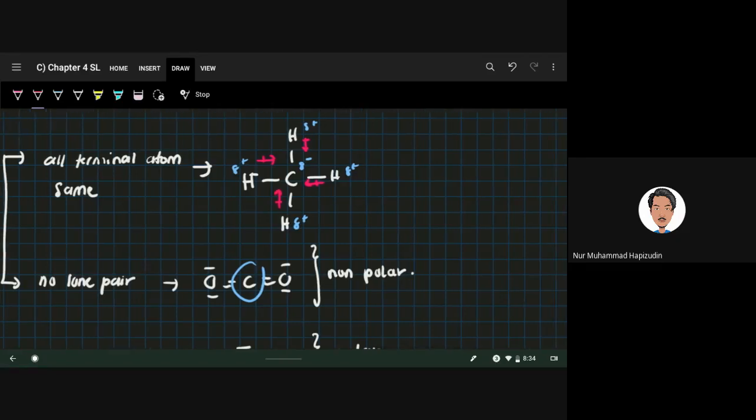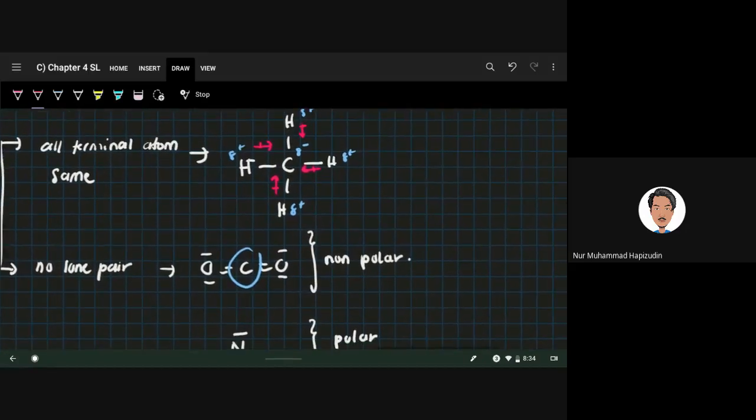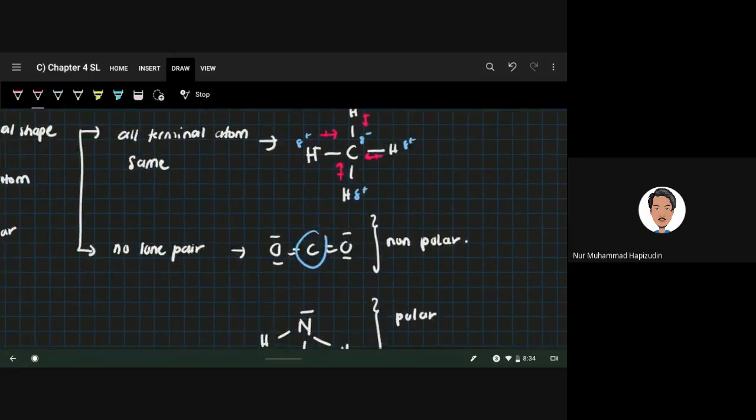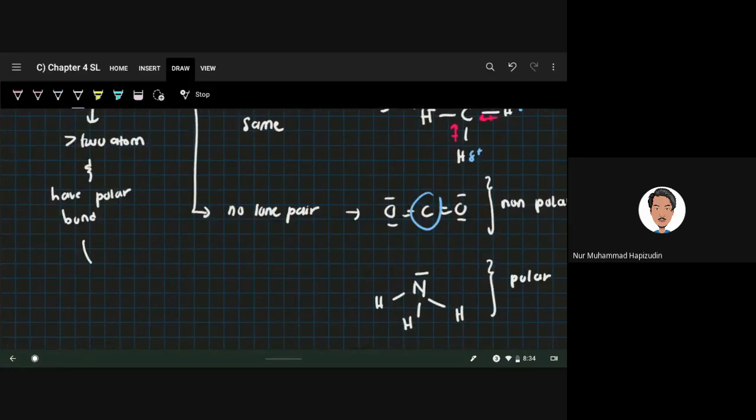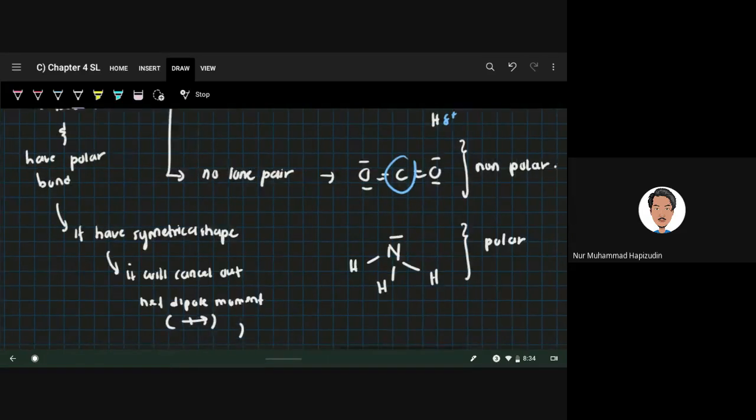Okay, they have polar bonds, but it is a non-polar molecule because if the molecule has a symmetrical shape, it will cancel out the net dipole moment, the arrow tadi. Okay.